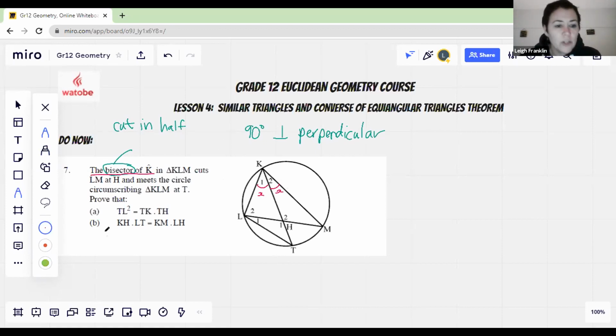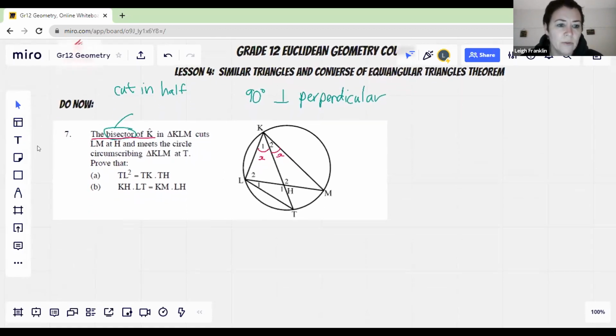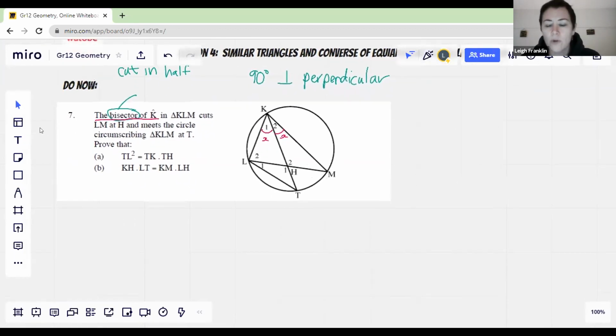So again, we look at the question and we see that they have not told us in which triangles to work. All right, so we know that when they don't tell us in which triangles we need to work, we've got to go and find those triangles for ourselves, right? Remember from last time, you are not allowed to write on the page TL squared equals TK times TH as the first thing that you write, because that is what you are trying to prove.